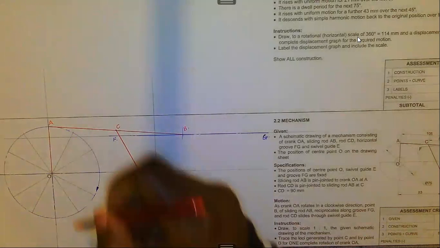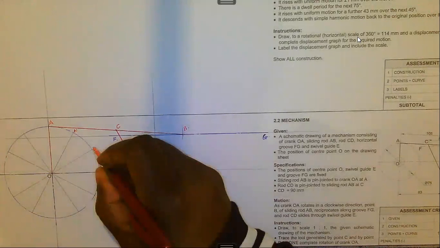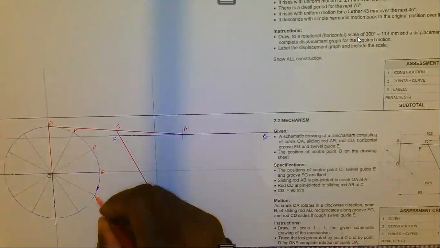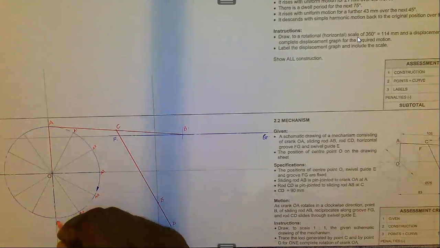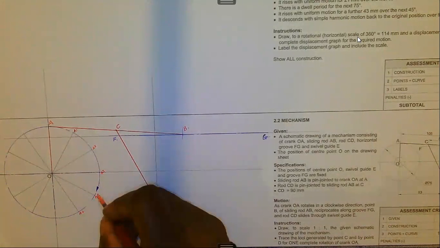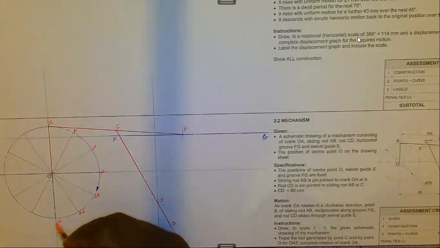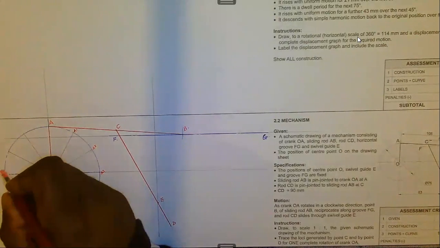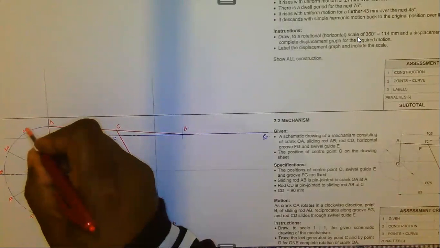So you have got this one, that's A1, A2, A3, this is A5, A6. There you go.